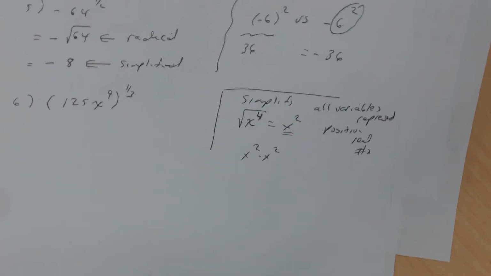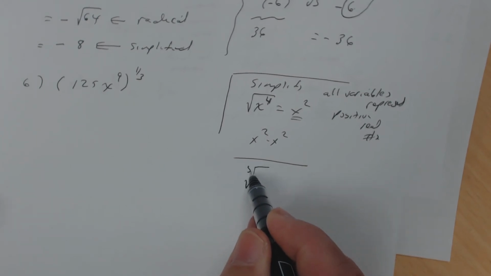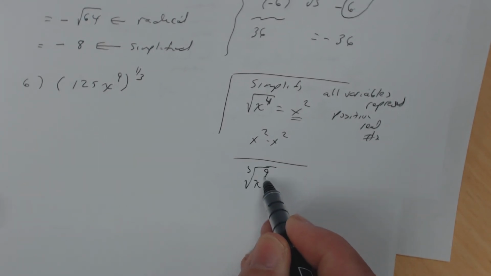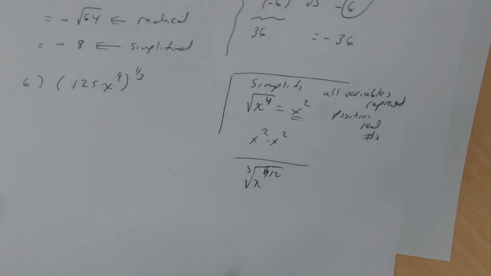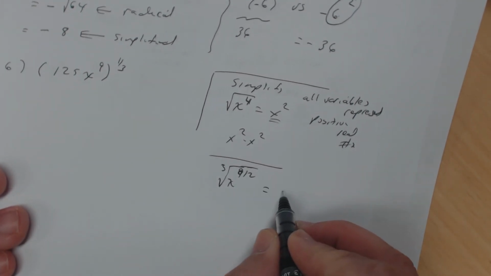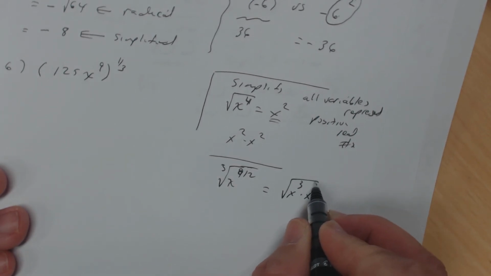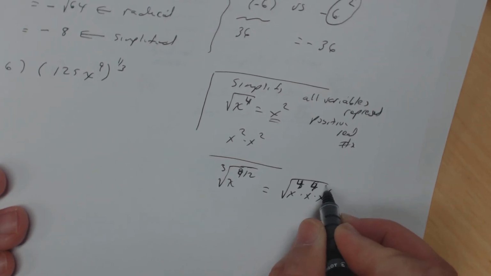Okay? And if you look at another one, let's say we had the cube root of x to the 12th. So you ask yourself, what times itself 3 times is x to the 12th? Well, what would work would be x to the fourth times x to the fourth times x to the fourth.